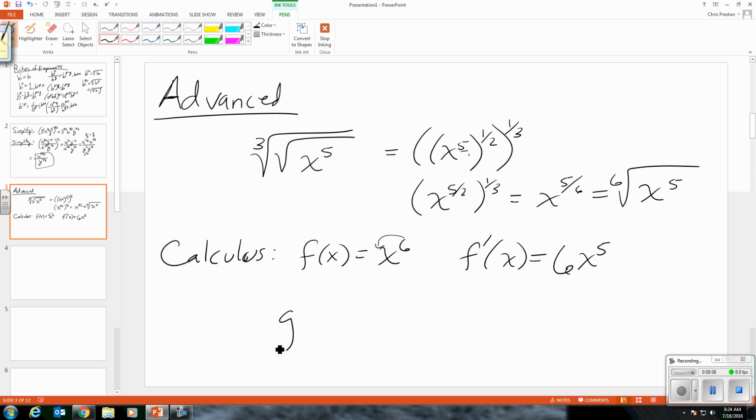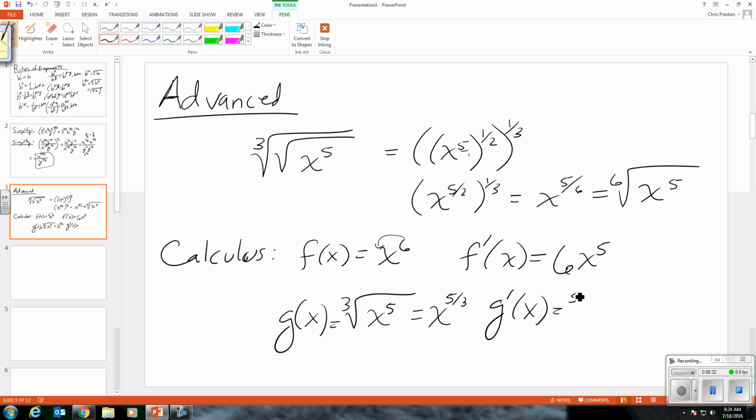Well, you could imagine if I had something like the 3rd root of x to the 5th, and I wanted to take its derivative. Well, if I wanted to use this rule here, then I would want to write this as a single exponent, 5/3 exponent. And then I could do the derivative of this, and what would happen is this 5/3 would come down, and then this exponent would decrease by 1.